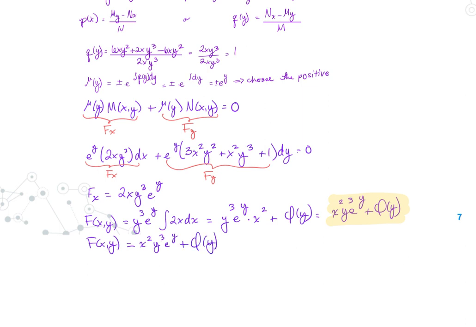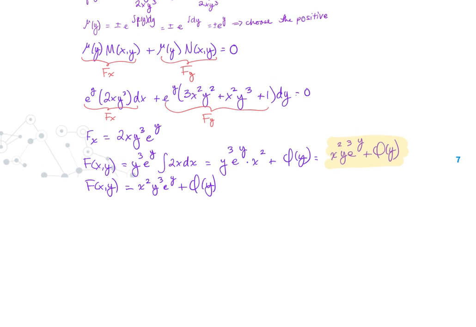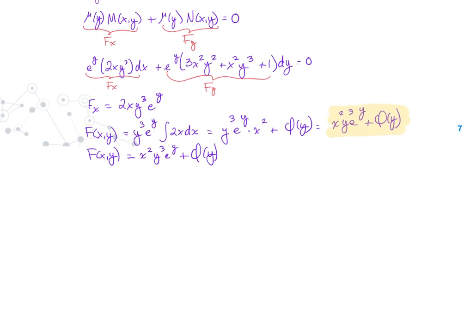And if we want to differentiate this with respect to y, because we've already started with the partial with respect to x, now we need to do a partial with respect to y, we find that we're going to have to use the product rule. We're going to consider x squared y cubed the first and e to the y the second.